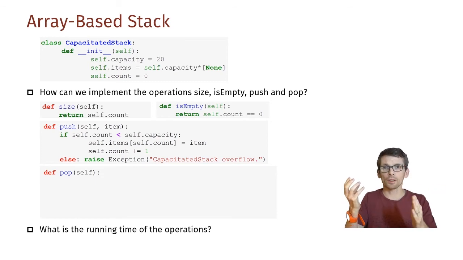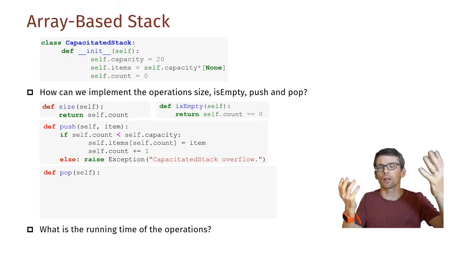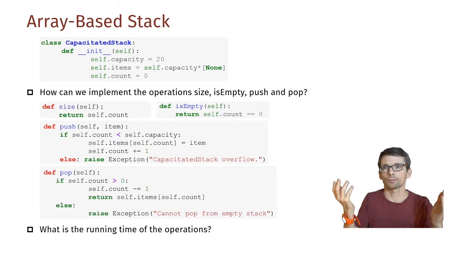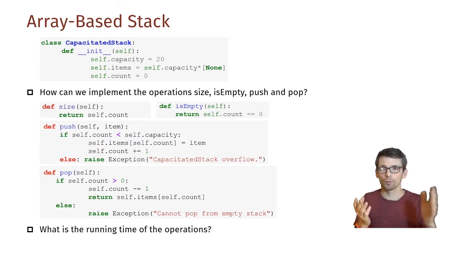I don't explicitly need to remove the element from the stack. That will simply happen by decreasing the count by 1. In that way, I forgot about that element. So that's pop: check whether there's actually an element that I can pop, decrease the count by 1, and return the element that is at that position, which was previously my count, but now minus 1.